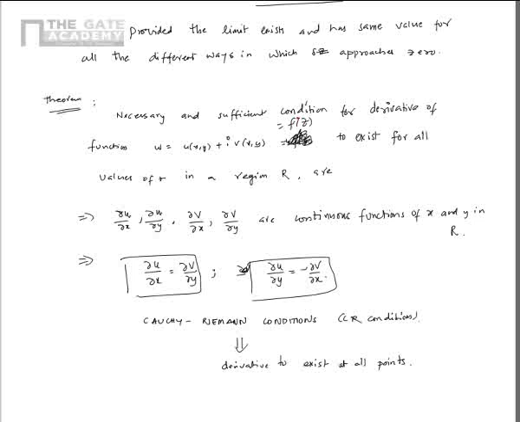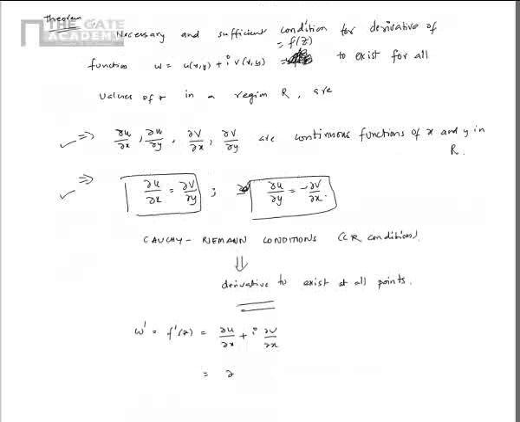Now for the derivative of w to exist at all points, it should satisfy the Riemann conditions. Once the partial derivatives exist and are continuous functions of x and y, and the CR conditions are satisfied, then one can write w dash, which is f dash z, as dou u by dou x plus i dou v by dou x, or dou v by dou y minus i dou u by dou y.